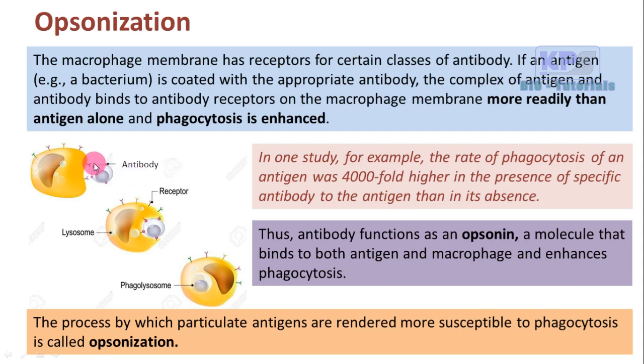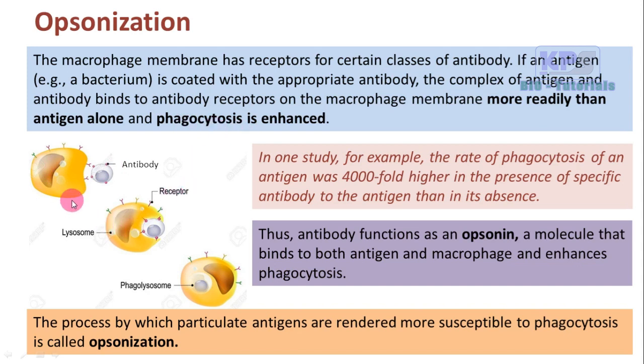But if antibody is there, it will make the process much easier than in the absence of the antibody. So here antibodies bound to the antigens are acting as a mediator between the macrophage and the antigen, and it enhances the process of phagocytosis.